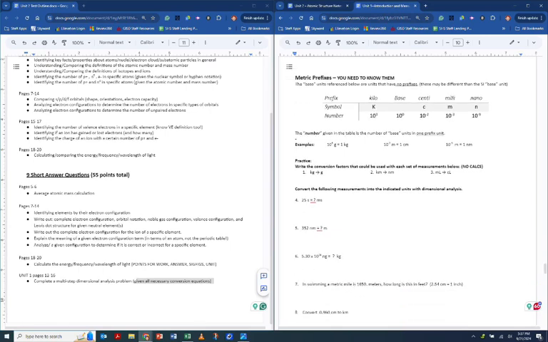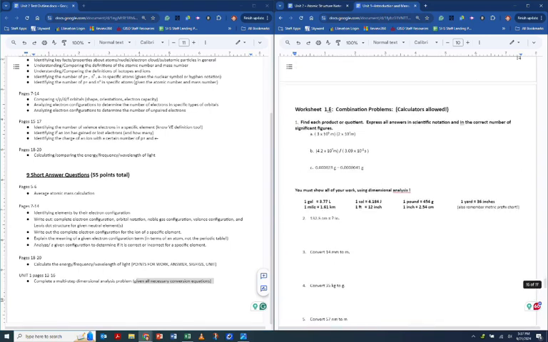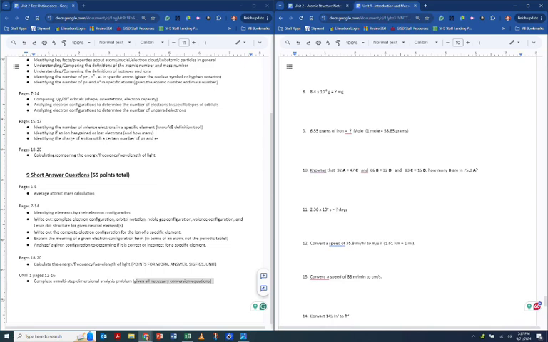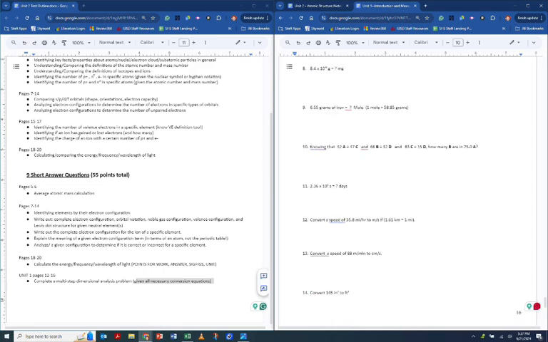So look over your pages 12 through 16. Got a lot of dimensional analysis stuff here that you can look at to be ready for this. I believe it's a 7-point problem on the test. So it's not enough to fail you on its own, of course, but it's a significant chunk of points to just leave on the table if you don't know how to do dimensional analysis.